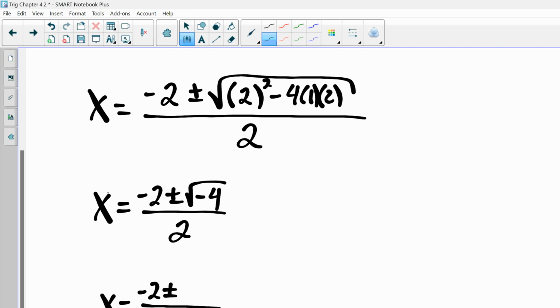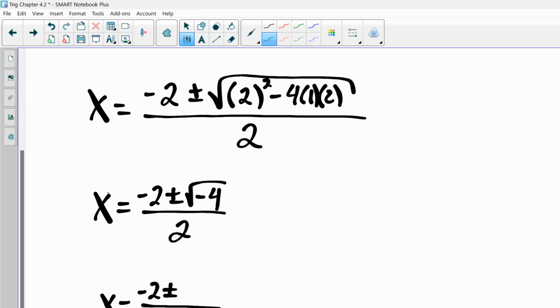Now I don't type the square root of our 2 squared minus 4 times 1 times 2 into the TI-30XS because, as we just saw, what's inside the radical is negative. The TI-30XS will not simplify that. It can't do negatives inside of an even root. The graphing calculator can take the square root of negative 4, and here we're in a good position because 4 is a perfect square.